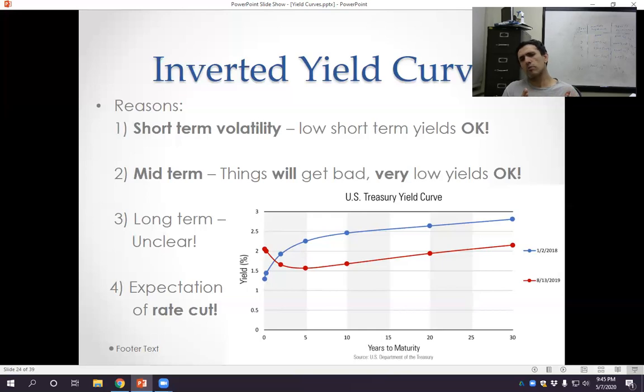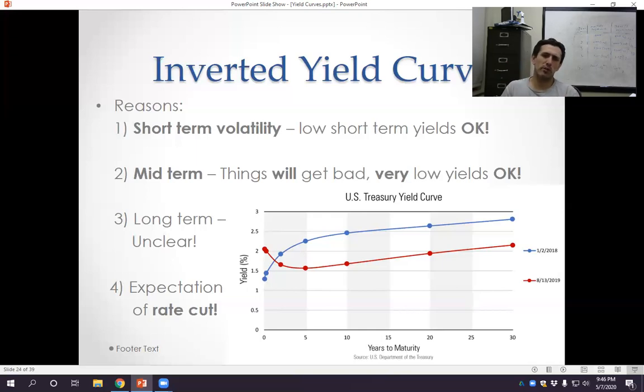Okay, so for that reason, you're willing to buy at least a midterm bond for a lower yield rate because you expect rates to get cut, and you want to lock in a decent interest rate.